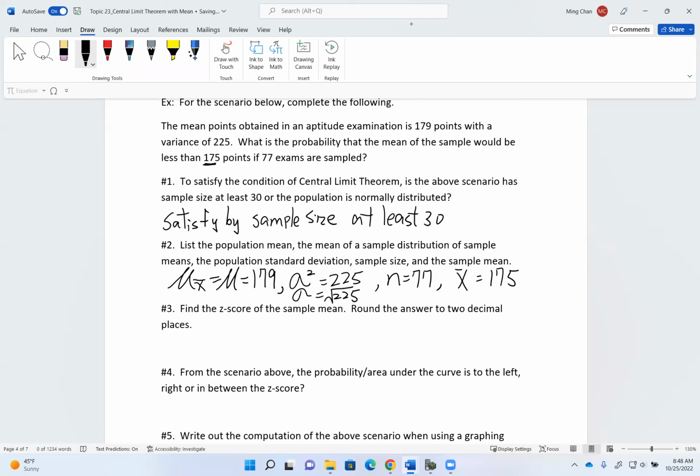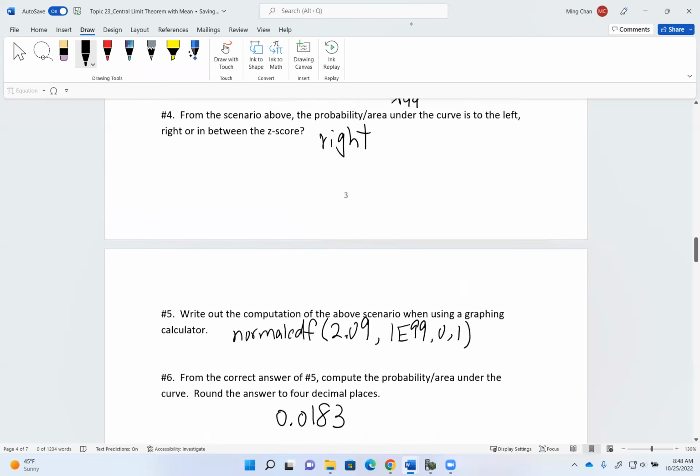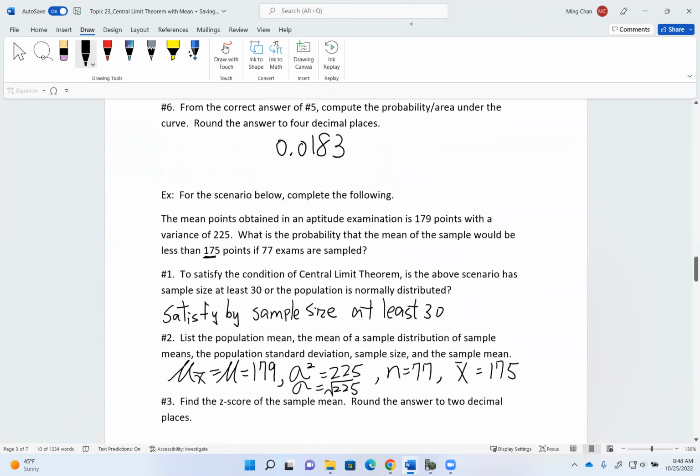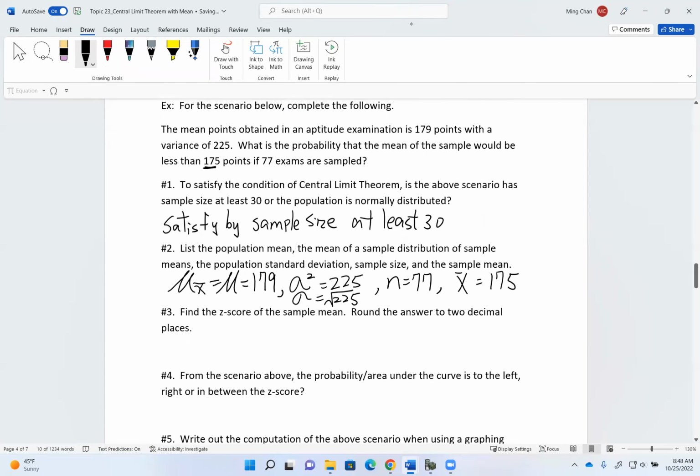So the formula from earlier, right? I'm just gonna write the backside version. So Z equals the sample mean minus the true mean divided by sigma over square root of n.